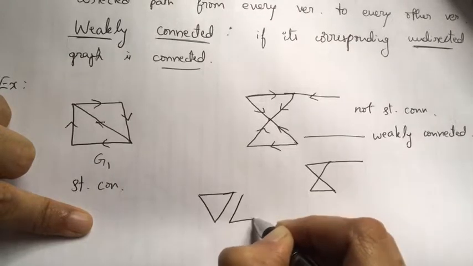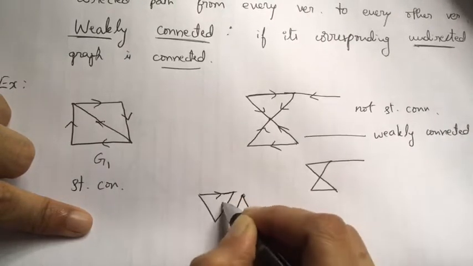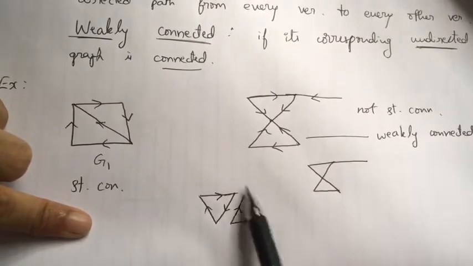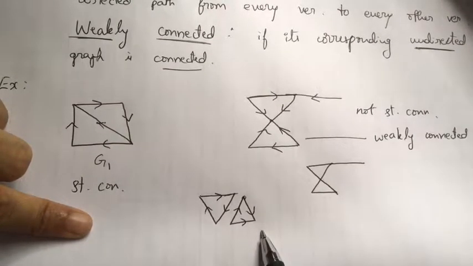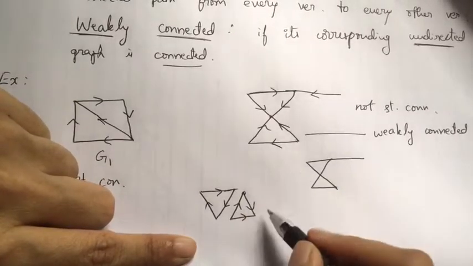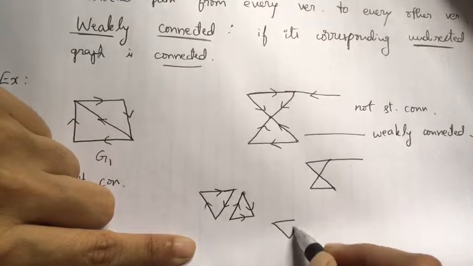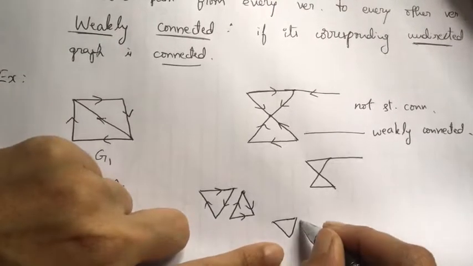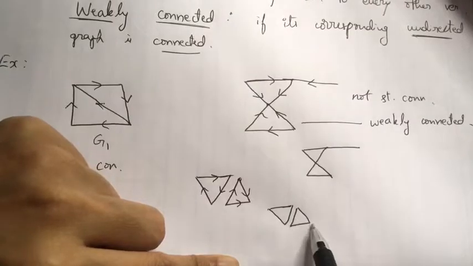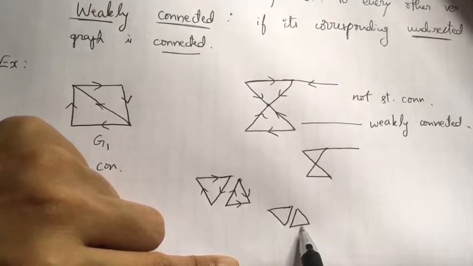Suppose I have some graphs like this, which has some components. Now see, this is not strongly connected, and I have to take its undirected version. So that comes out to be like this. But this undirected version is also not connected.